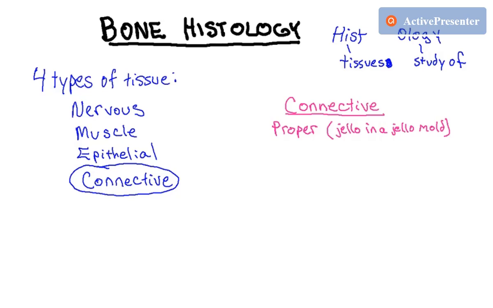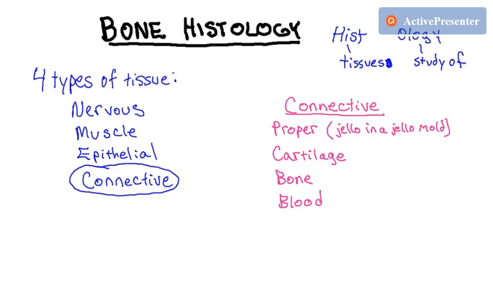It connects all of the other things that are floating around in there. And there is cartilage. There's bone. Bone is a connective tissue. And there is blood. Blood is also a connective tissue.